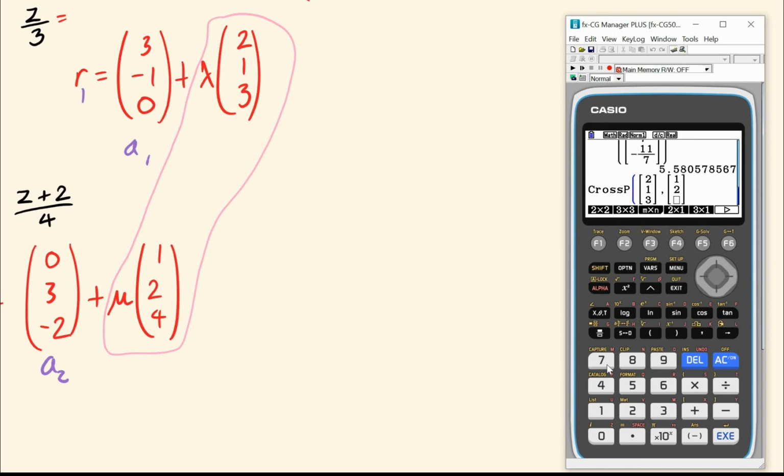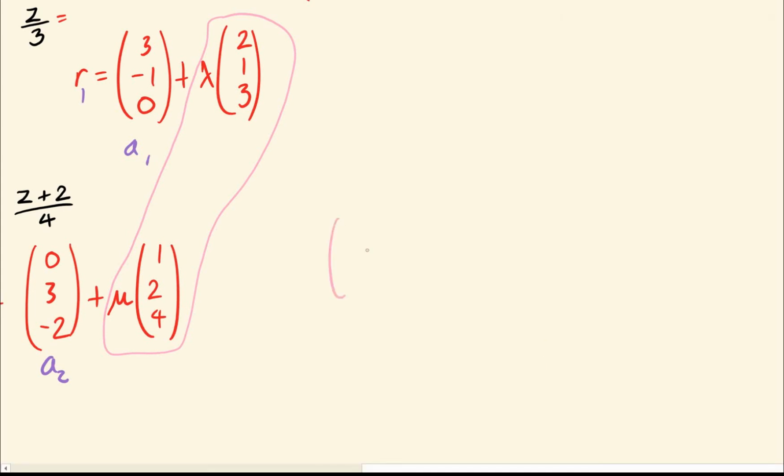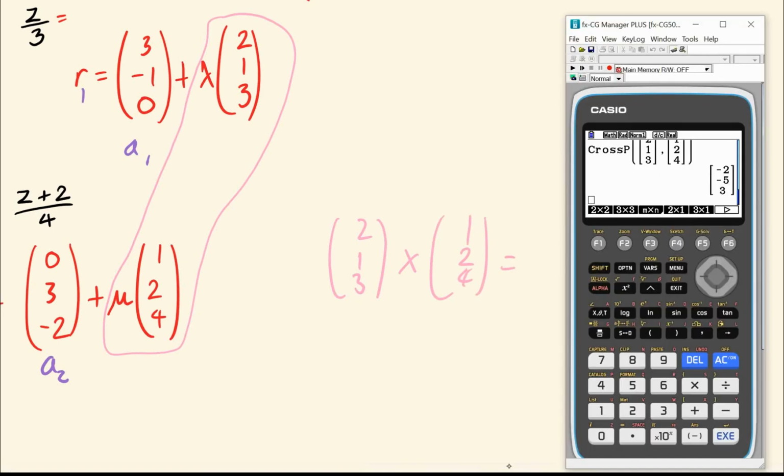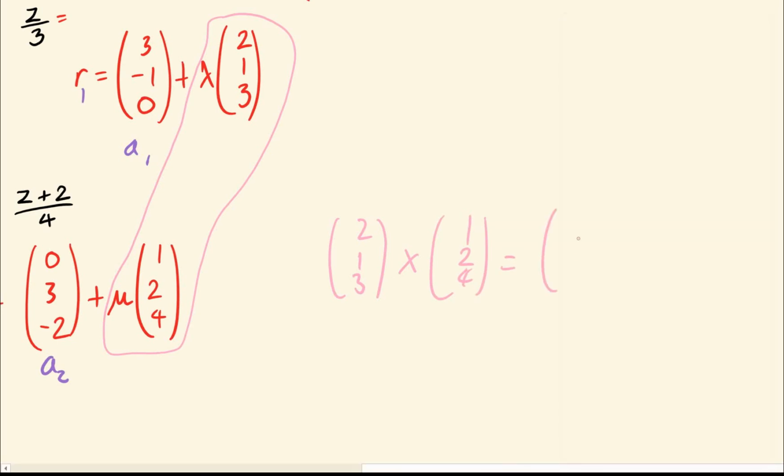Working this out will give me a vector that is perpendicular to both. So let's write it down: 2, 1, 3 cross with 1, 2, 4 equals minus 2, minus 5, 3. What we have there is n.